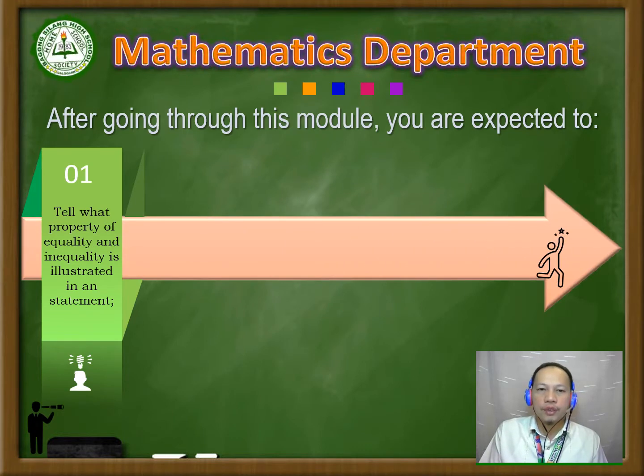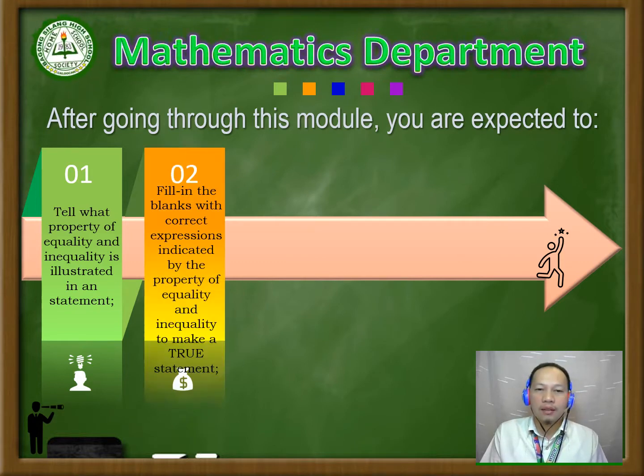After going through this module, you are expected to first tell what property of equality and inequality is illustrated in a statement. Number 2, fill in the blanks with correct expressions indicated by the property of equality and inequality to make a true statement.